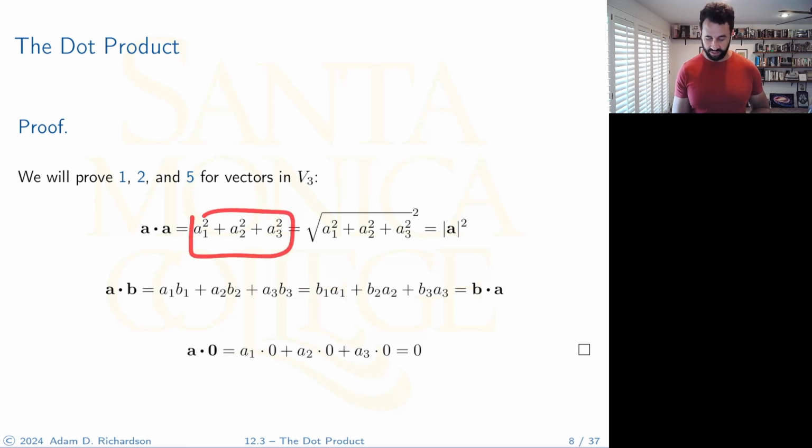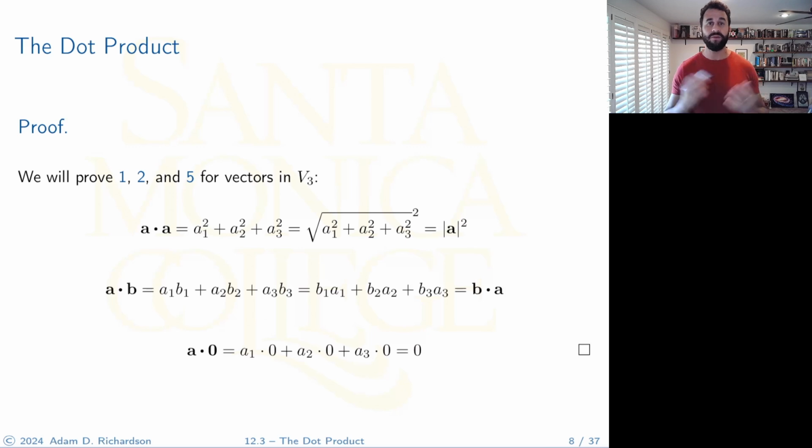But the square root of that sum is the length of A by the distance formula, or by that formula from the previous section, right? So long story short, if you dot a vector by itself, you get the length squared.